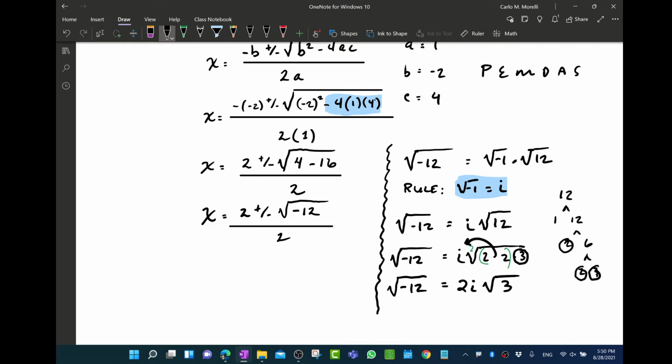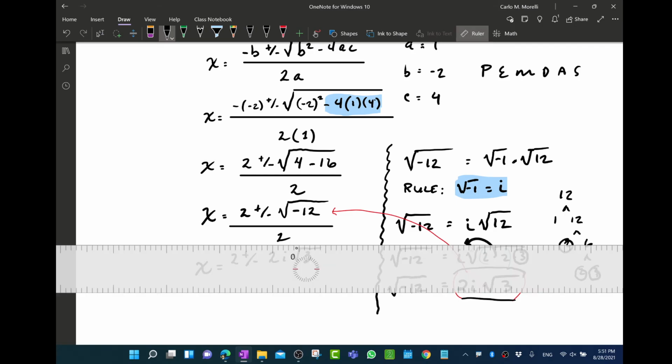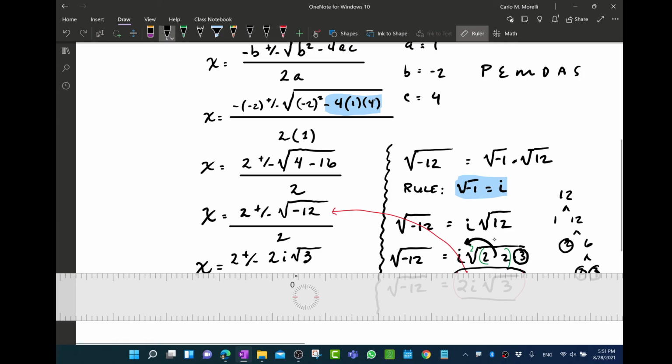Okay, so let's bring that thing that we just did back and stick it here. Okay, and let's see what we have. So now we have x equals 2 plus or minus, and now we're going to write this thing in here, plus or minus 2i square root 3, all over 2.